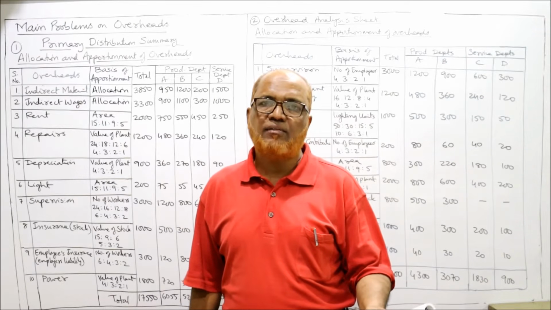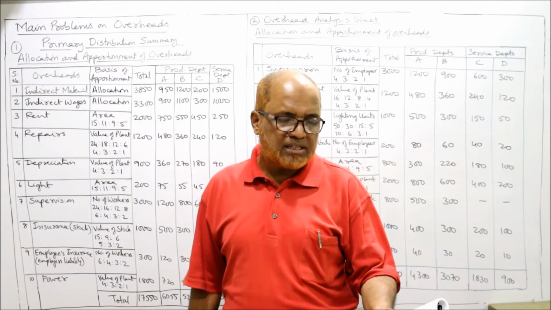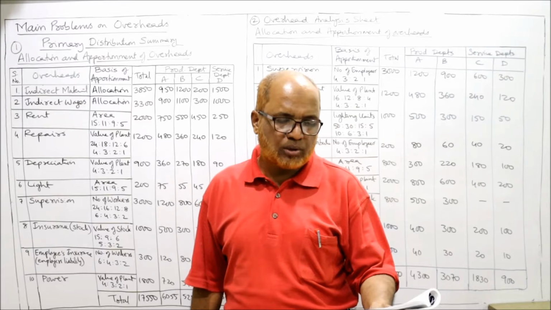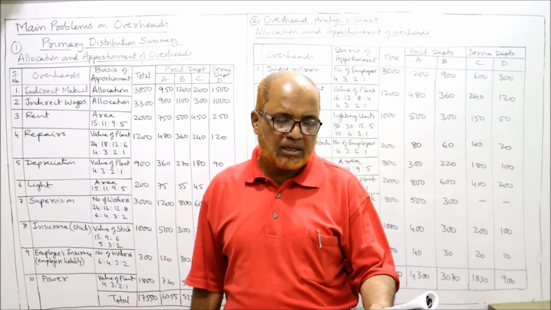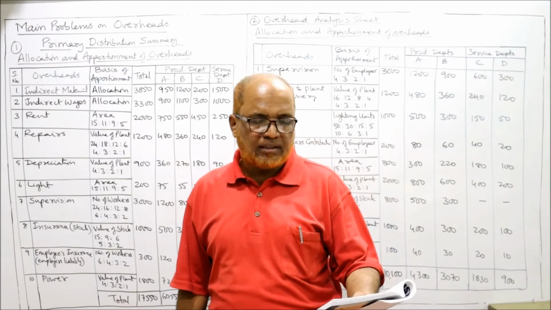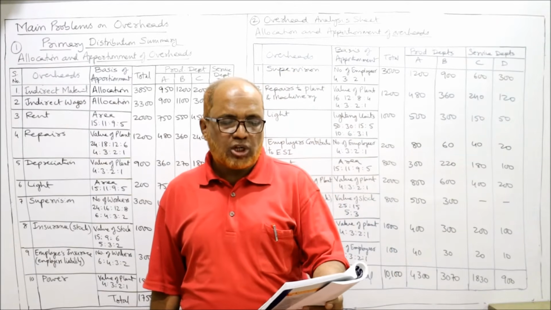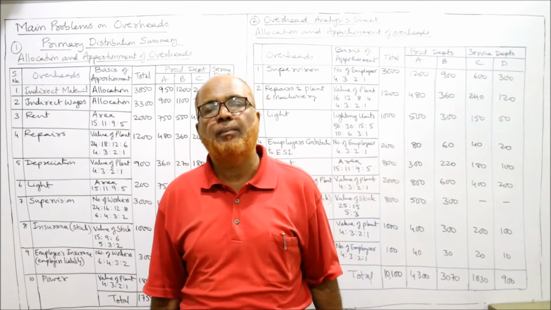Number of workers in each department: 24, 16, 12, 8. Total wages in each department: 8,000, 6,000, 4,000, 2,000. Value of plant: 24,000, 18,000, 12,000, 6,000. Value of stock: 15,000, 9,000, 8,000. Apportion the above cost to various departments on the most equitable method.